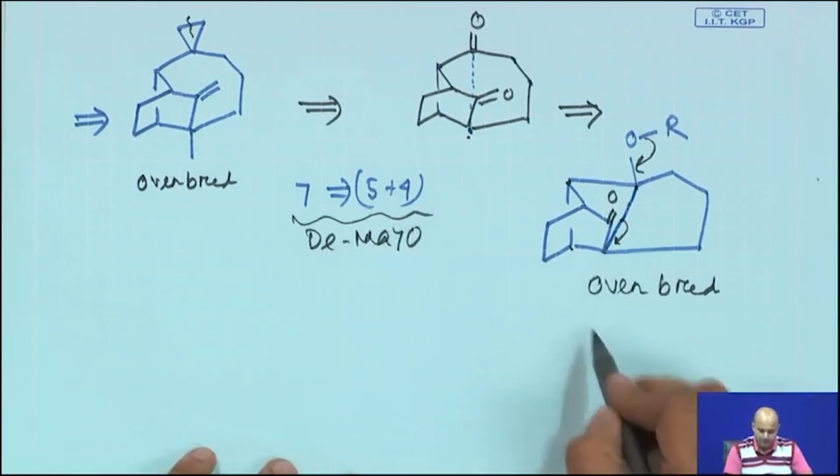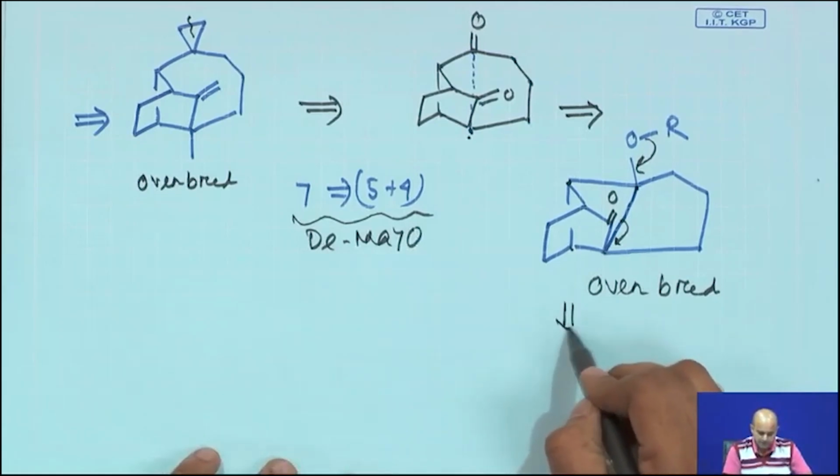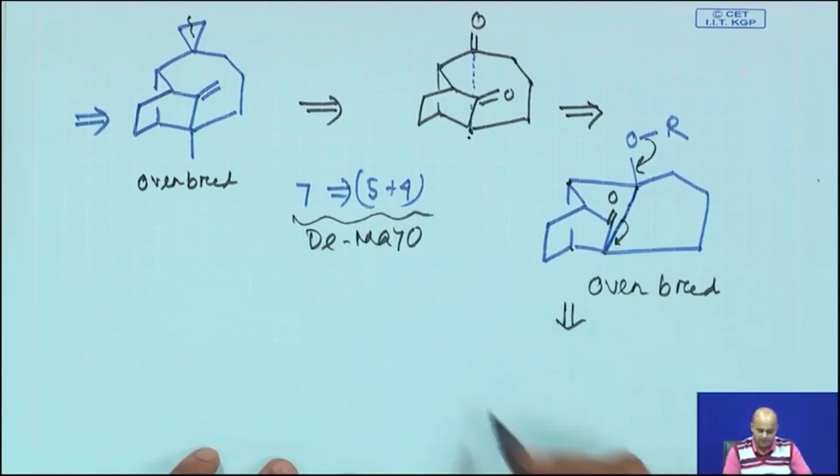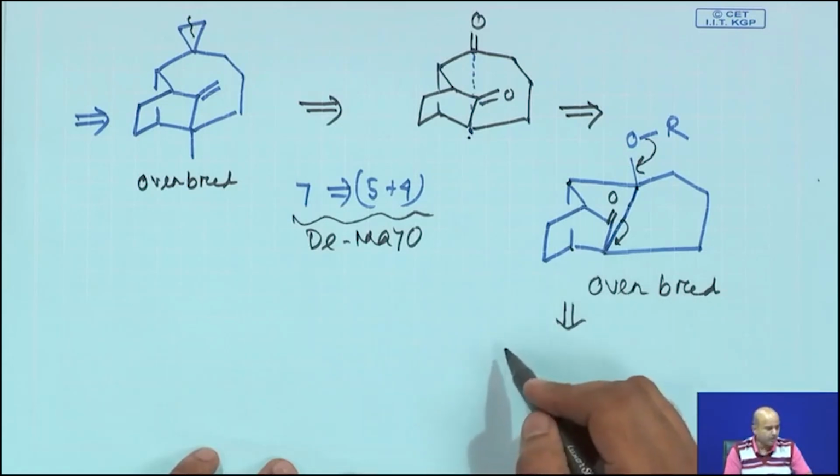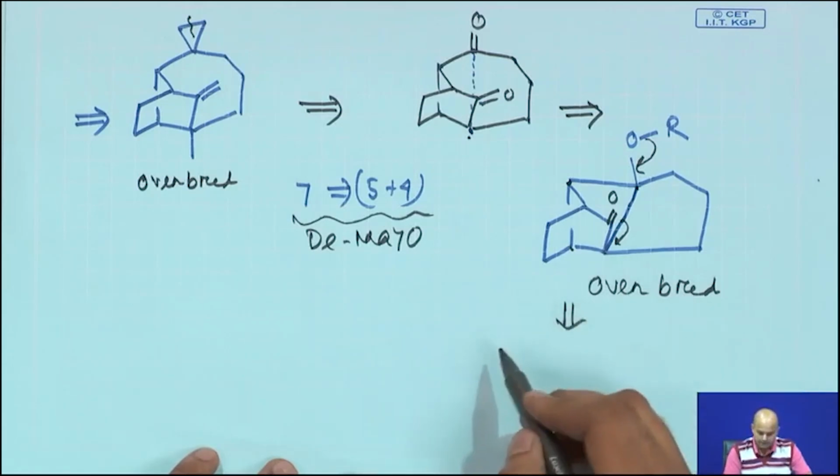Now, this gives you a very crucial disconnection for how to construct the 2π and 2π system through an intramolecular photocycloaddition.